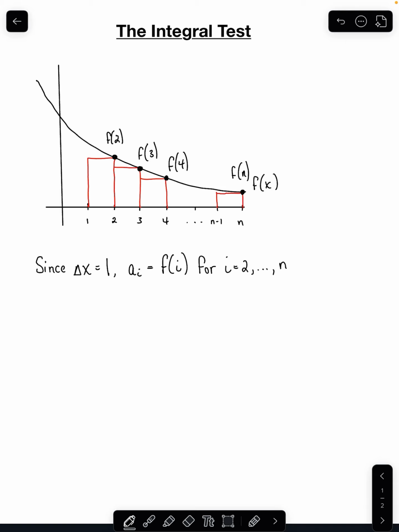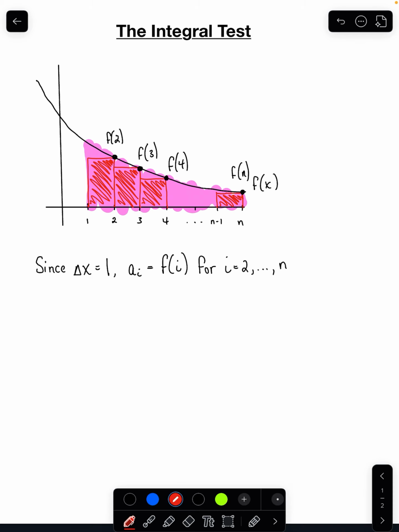Now, an important thing to notice is that the full area of this region goes all the way up to the curve. But the areas of the rectangles do not go up that high. Each rectangle is approximating the area under the curve, but each rectangle is underestimating it.